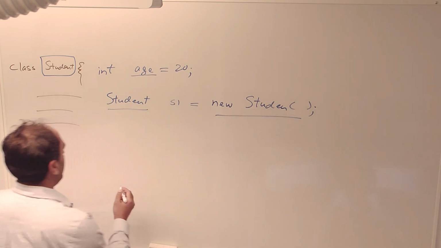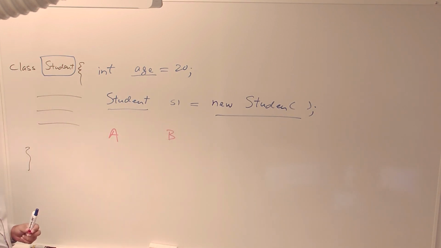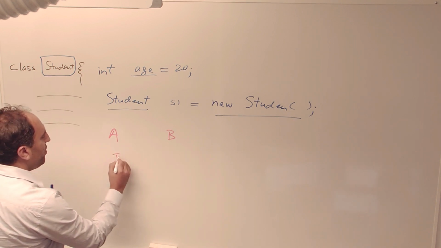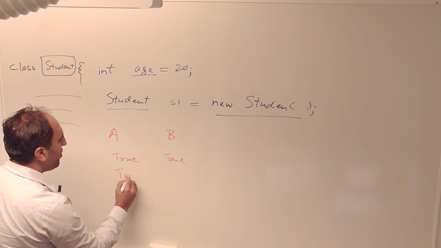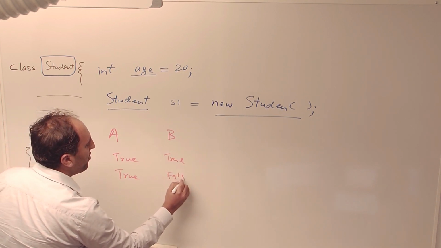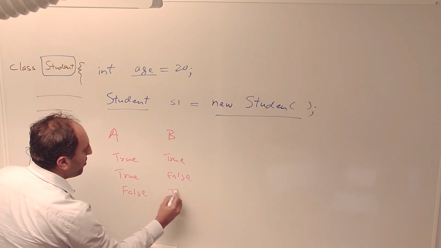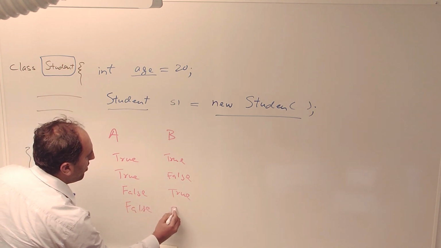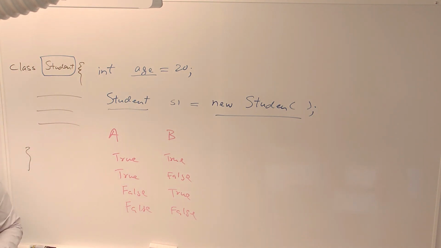So, for example, if we have values A and B, we can have different combinations: true, true, false, false, and then false, true. Those could be the different combinations with the two values.